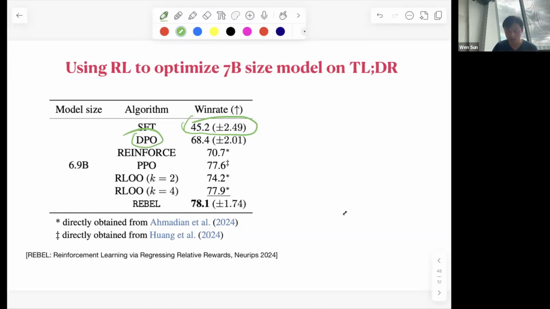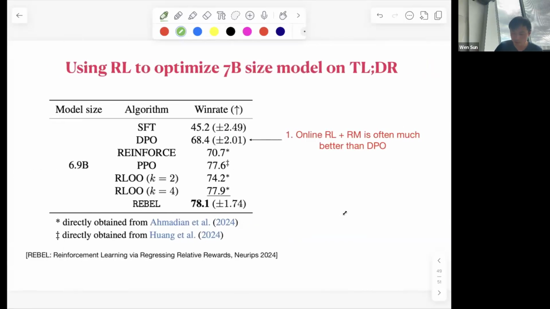DPO significantly boosts the performance of SFT. This means that training on the preference data is actually pretty helpful compared to just mimicking human demonstrations. So 68% win rate means that, at least from the GPT-4 perspective, the DPO model is doing reasonably better than human demonstrators.